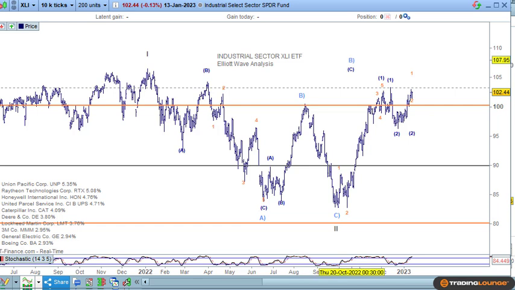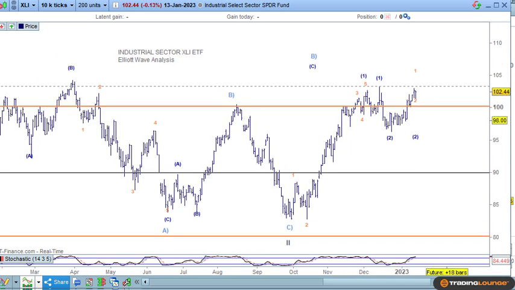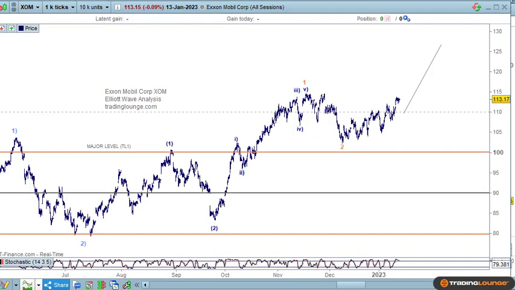All I've been waiting for is that top to be taken out, because if that top gets taken out, then I can't call it the B wave anymore. I would be looking at this as a bullish move to continue to the upside. So we're very close to that. So the industry side of things is looking good.